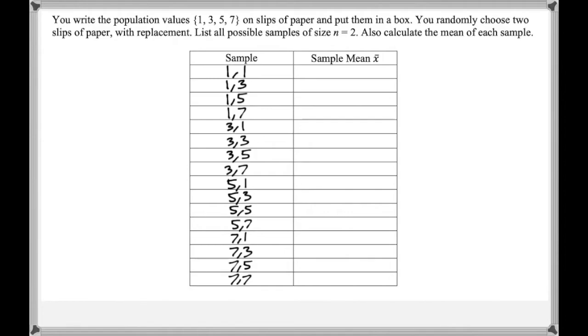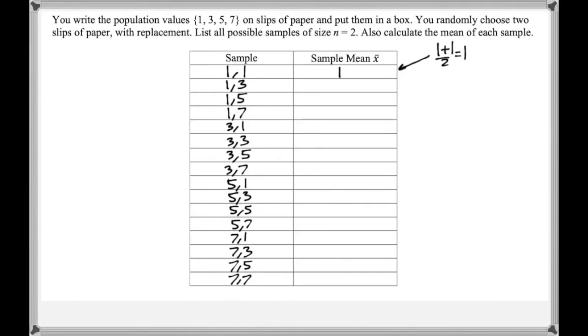So they also want us to calculate the sample mean of each sample. So looking at sample 1, we take 1 plus 1 and divide it by how many numbers there are, and because there's only 2 numbers in the sample, we're dividing it by 2, and this equals 1.